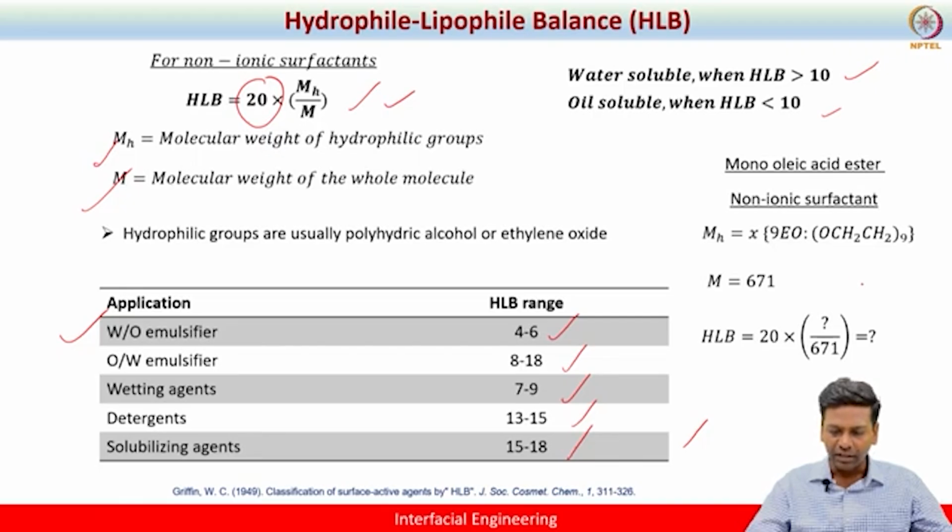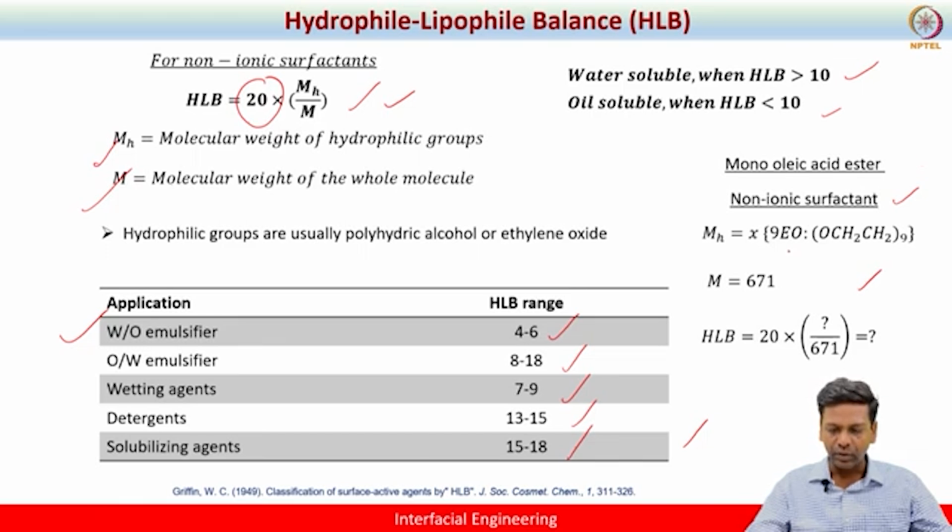So I have given one example for you to do this exercise. I will show the answer also at the bottom. You can see that this is actually the mono-oleic acid ester type of non-ionic surfactant.